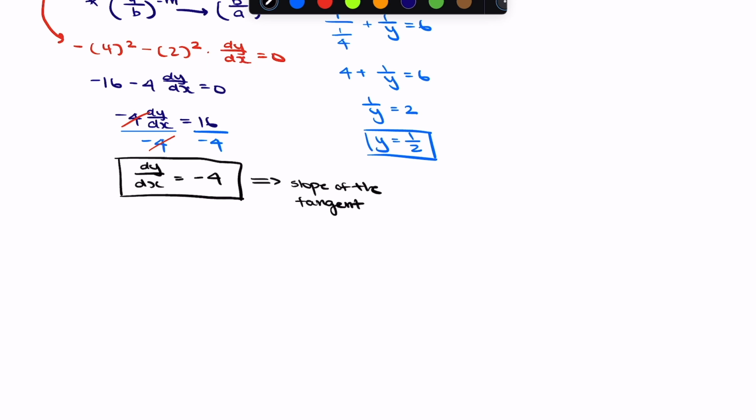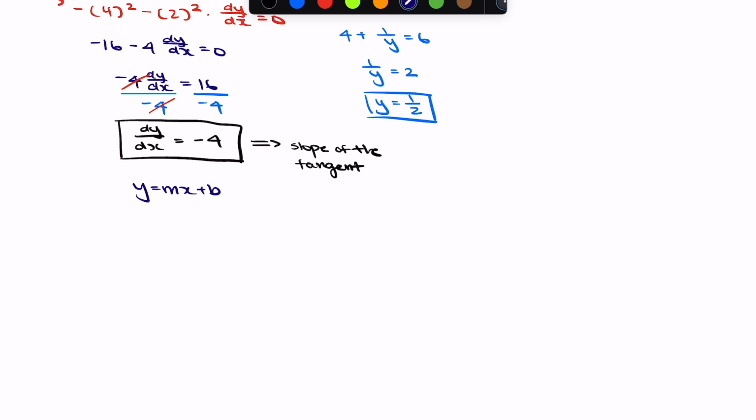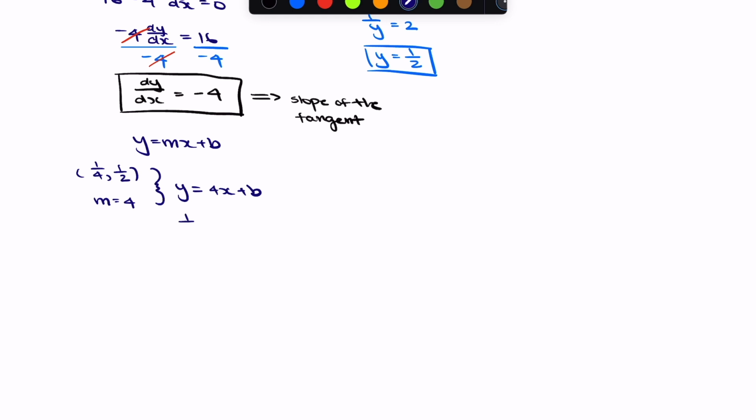So here we have the slope of the tangent, and we need to sub it back into our equation, y is equal to mx plus b, to find the b value. So again, we have the point 1 over 4 and 1 over 2, and we know that the slope is negative 4. So y is equal to negative 4x plus b, and then we're subbing those values.